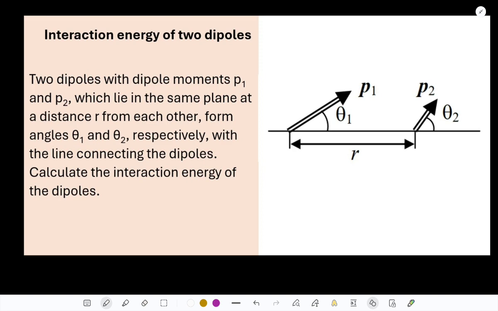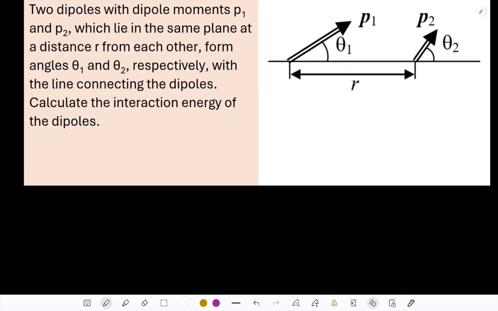This is a nice question. And this interaction energy is simply the potential energy, and that can be written in a form.